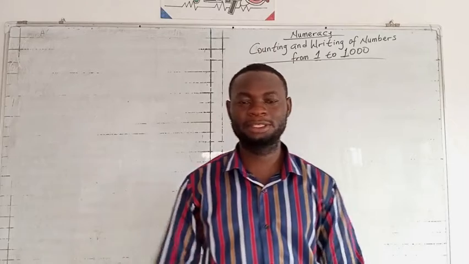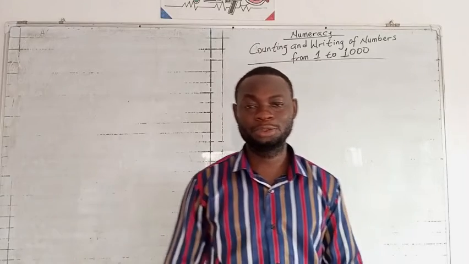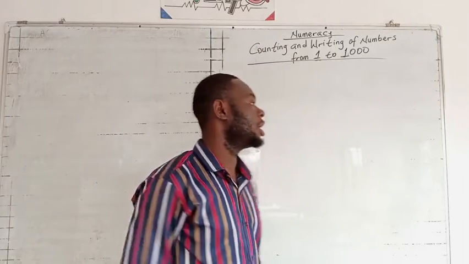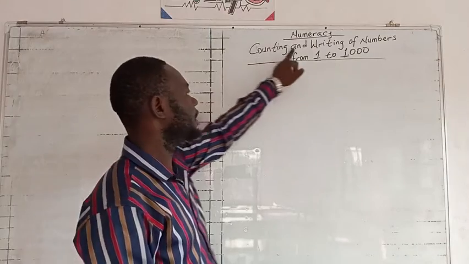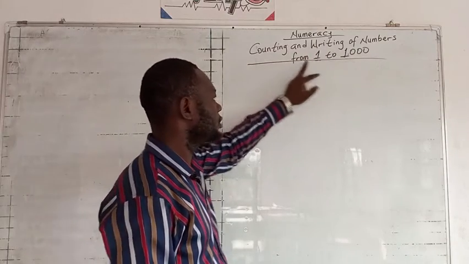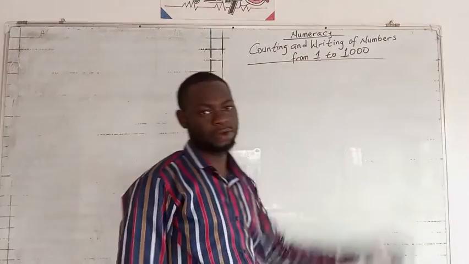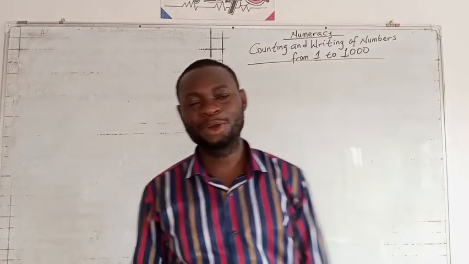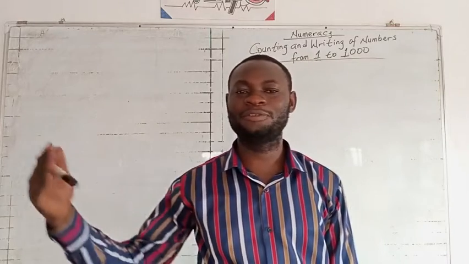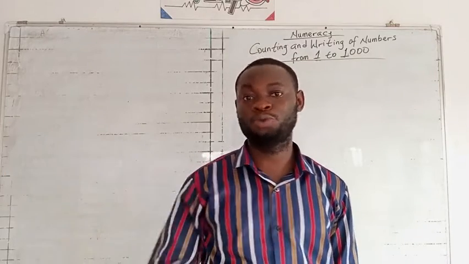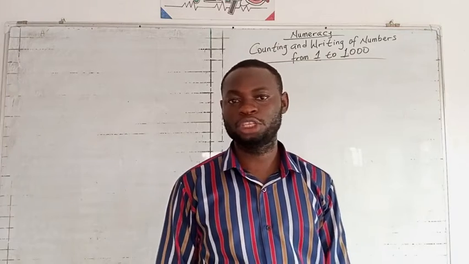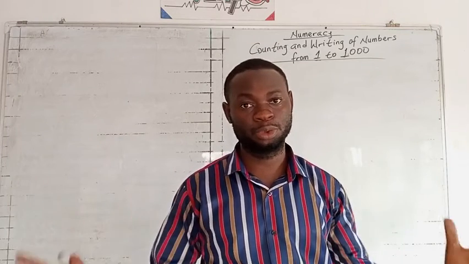This is Mr. Martins. Today we are going to look at counting and writing of numbers from 1 to 1000. We are not going to start counting 1, 2, 3, 4, 5, 6, 7, 8, 9, 10, up to 1000 in this class because it will make the video lesson so long.